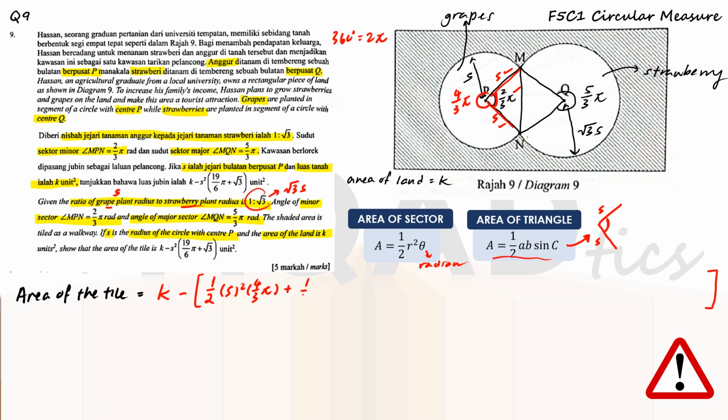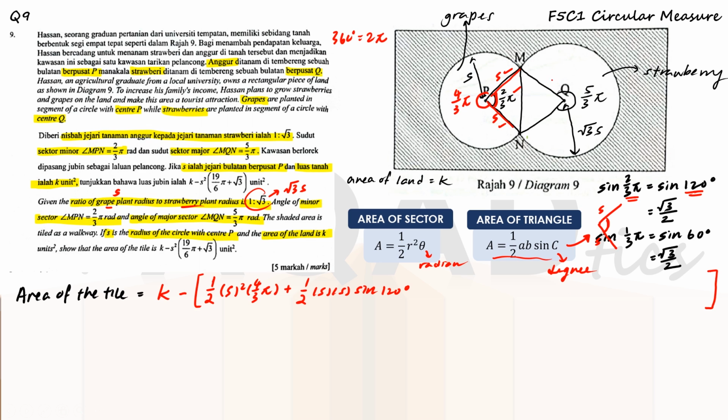So here I will just use the formula 1 over 2 S squared sine. This one is 2 over 3 pi, which is in radian. I suggest you use the degree form here, because our calculators are all in degree format. I would like to prevent the case where we need to change back and forth, degree to radian, degree to radian. So you can save this worry. This 2 over 3 pi, I will change it to 120 first.